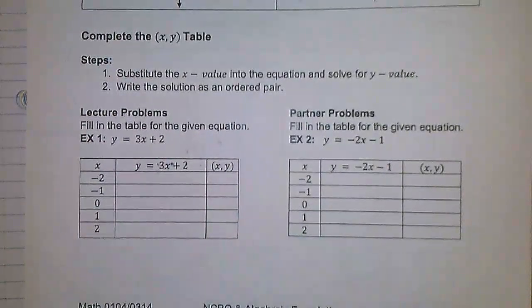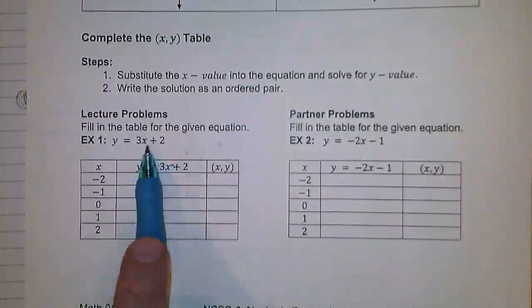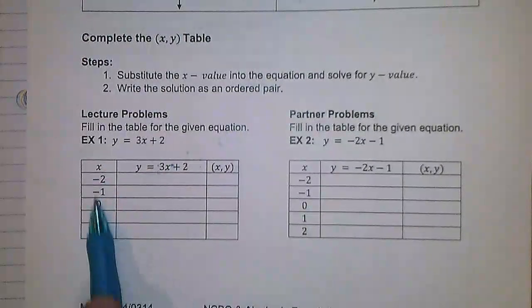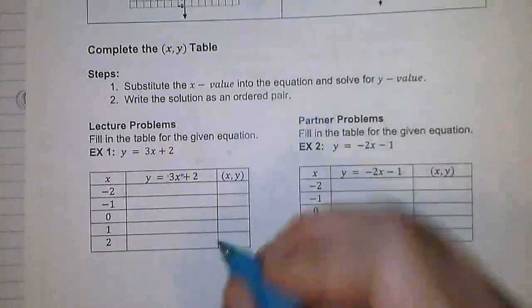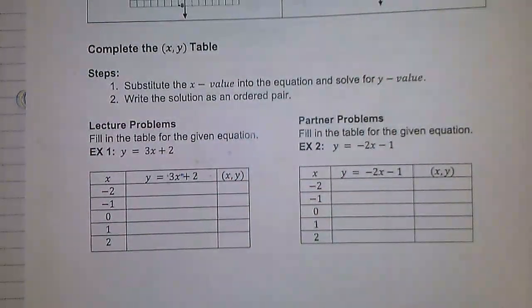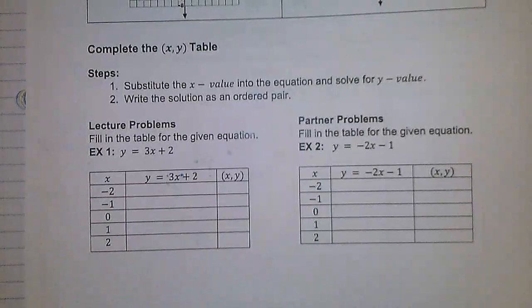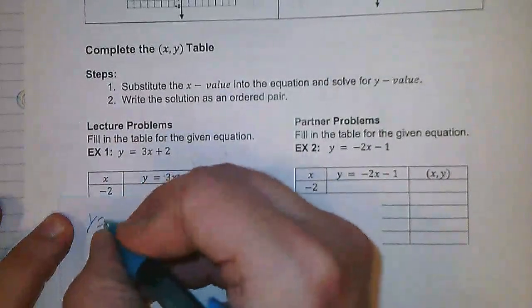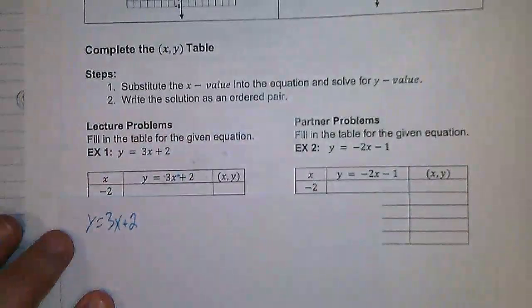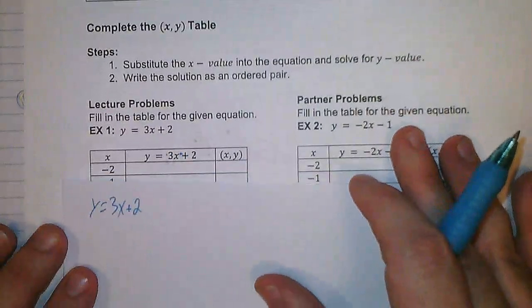You'll be given these problems in which you are given an equation, and you are given x values to plug in, and then you create ordered pairs. So, get a piece of paper. For this first example here, our equation is y equals 3x plus 2. Our first x value to plug in is negative 2.